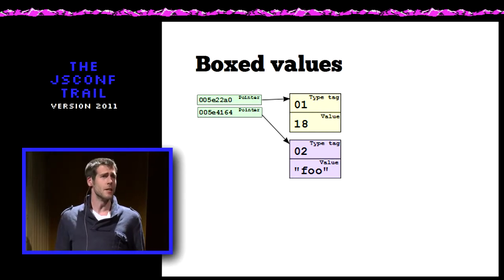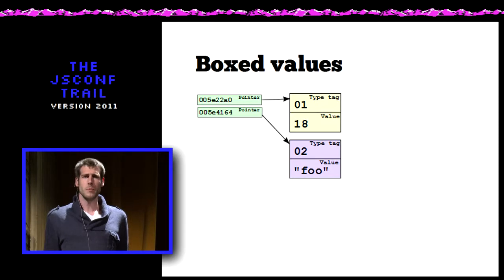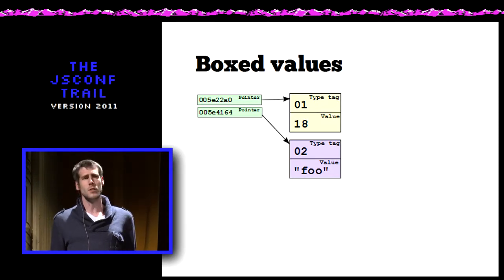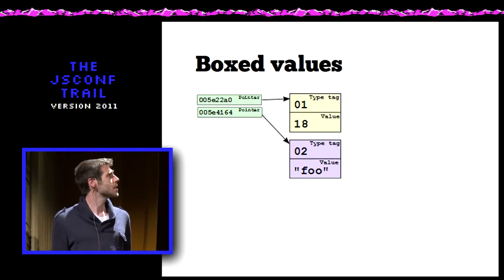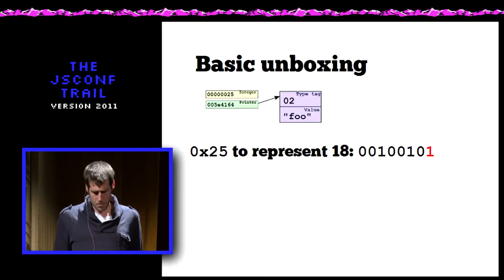Problem with this is that you're usually making lots of numbers, for example, in your programs, mostly numbers. When you do plus, you create a new number, and when you're looping through, when you have a loop index, you're creating thousands of numbers typically. Allocating those on the heap is utterly unacceptable.